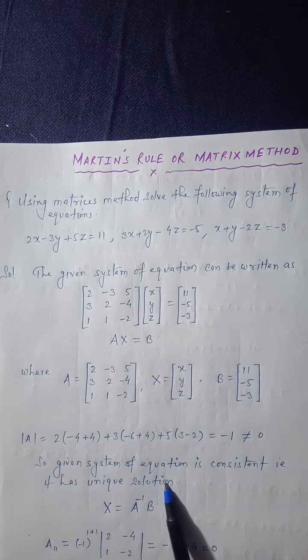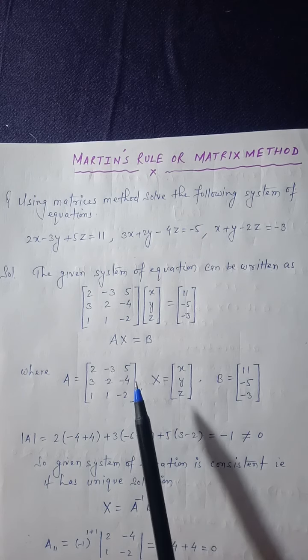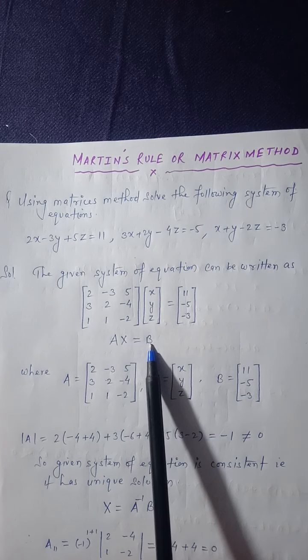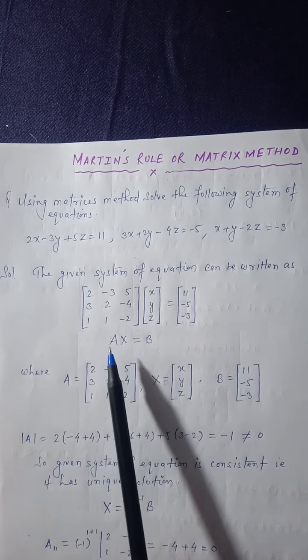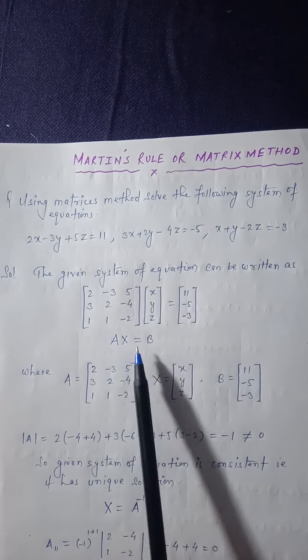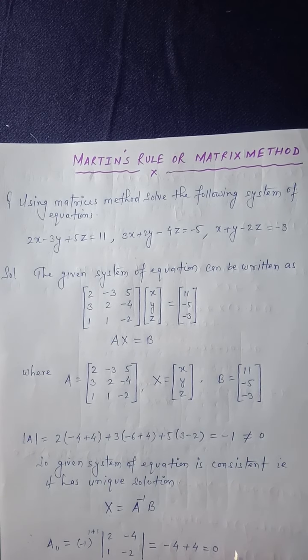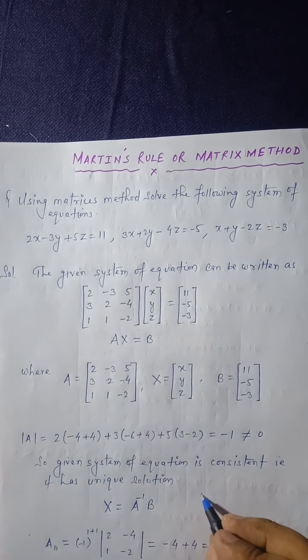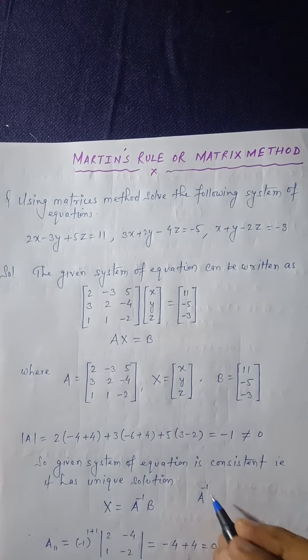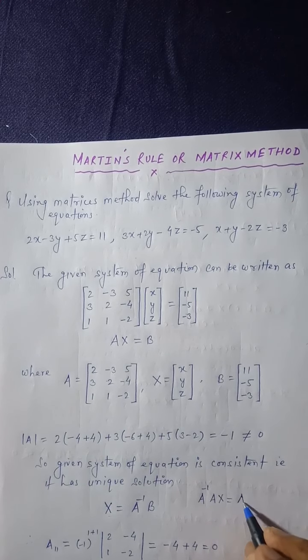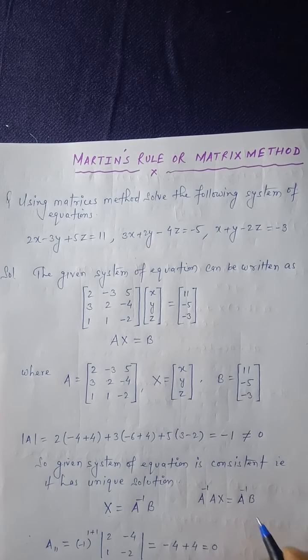Now if it has a unique solution, then what is the process of finding the values of x, y and z? So you just see this equation, which is AX is equal to B. When we multiply both sides by A inverse, you can see here how we are getting this formula. When we are multiplying both sides by A inverse, or pre-multiplication by A inverse, we will get, right?